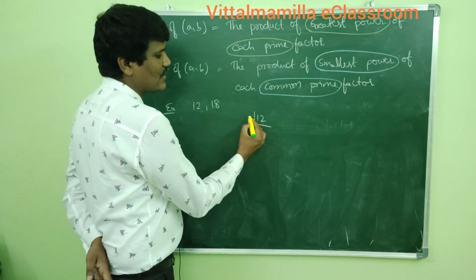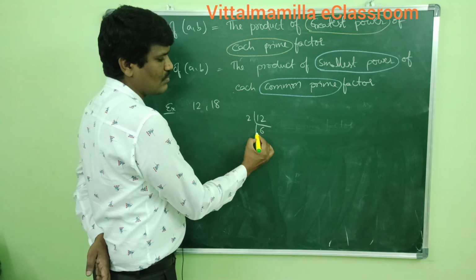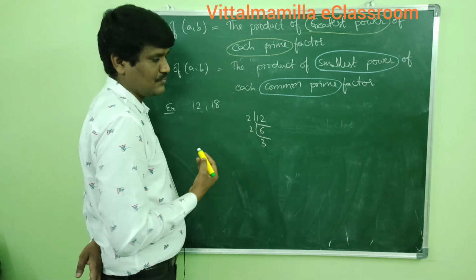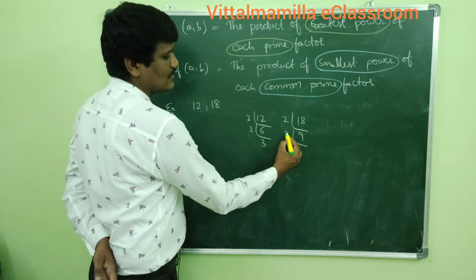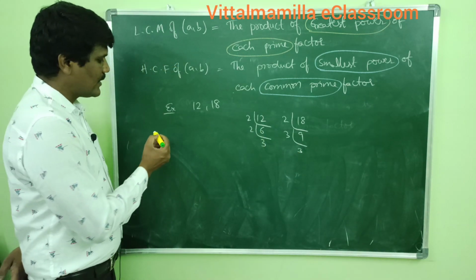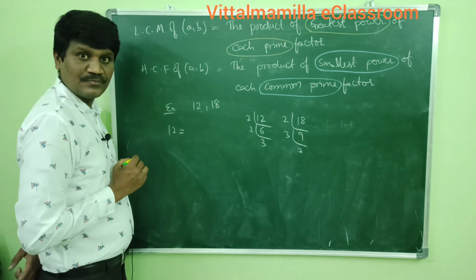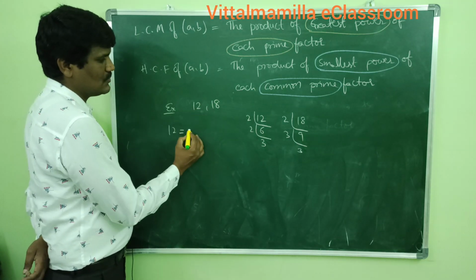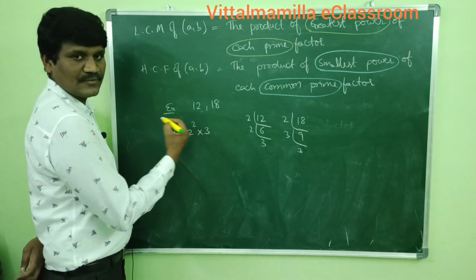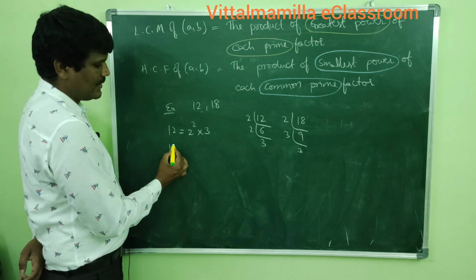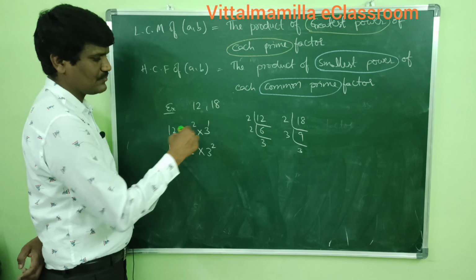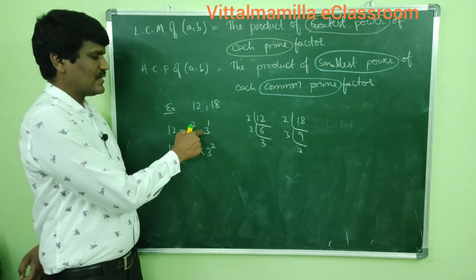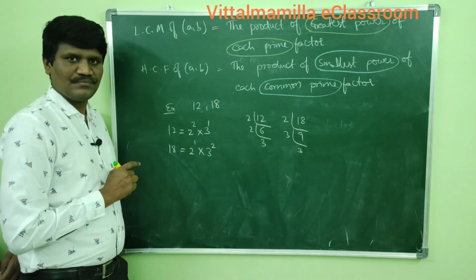So 12 is equal to 2 square into 3, and 18 is equal to 2 power 1 into 3 square. If nothing is there, you write 3 power 1.